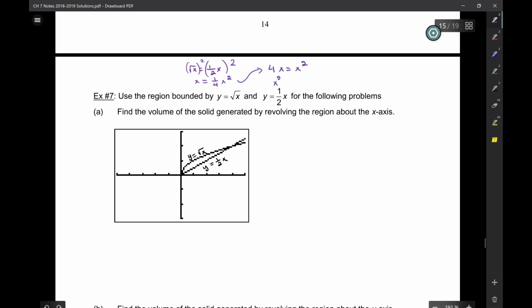And now x squared minus 4x is equal to 0. Factor out an x. X is 0, x is 4. So this point here, x is 0, and how much is y? You can plug it into any of them. Y is 0. This point, x is 4, and how much is y? Y is 2. Okay? There you have it.